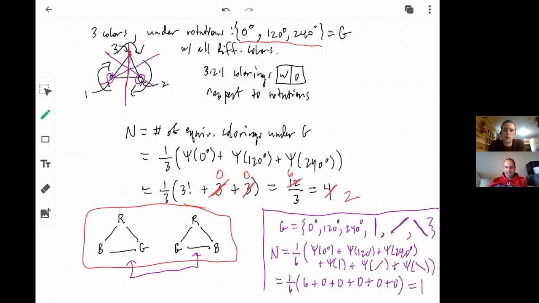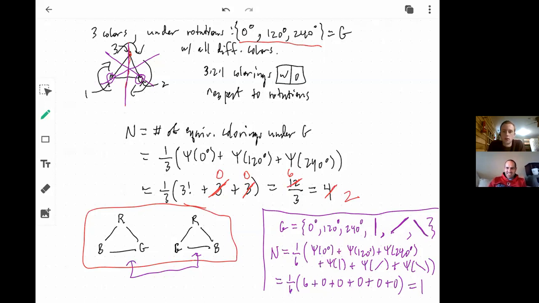So in this case right here, where I only consider rotations, I get 2 non-equivalent colorings, and that's the right answer. We can actually look at it and write it down and say, yeah, that's the right answer. But then if I include reflections, suddenly these things which were 2 are now just one thing.